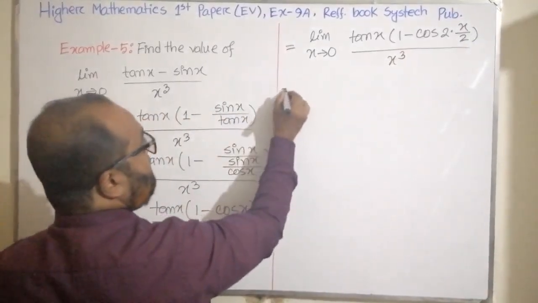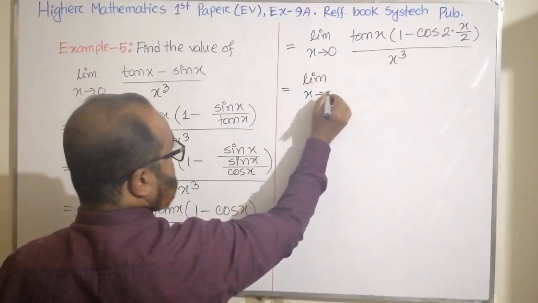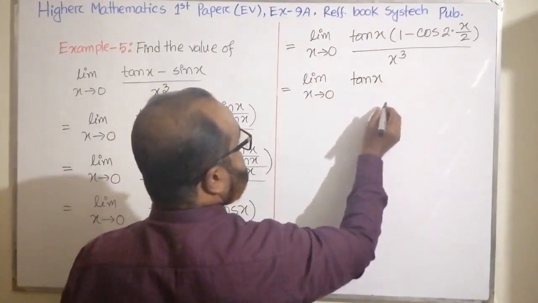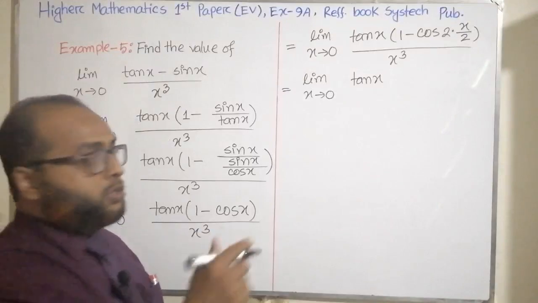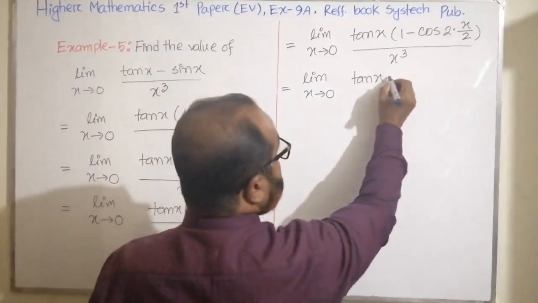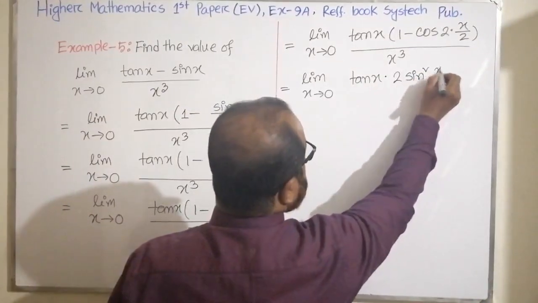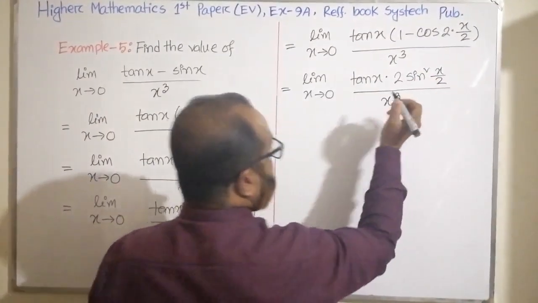This equals limit x tends to 0 tan x into 1 minus cos twice x, this equals 2 sin square x by 2, divided by x cube.